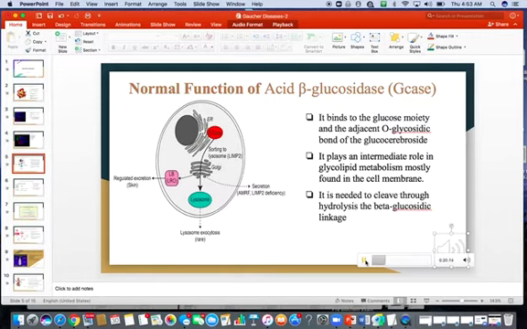It plays an intermediate role in glycolipid metabolism, mostly found in the cell membrane. And it is also needed to cleave, through hydrolysis, the beta glucosidic linkage.